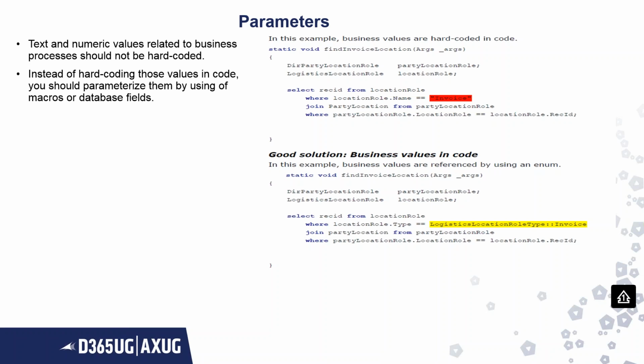A good solution would be to use a logistics location role type, which is an enum, and in that they are using the invoice. So the same code, everything remains the same, but always try to avoid hard coding when you're using text or numeric values related to the business processes or the business logic.